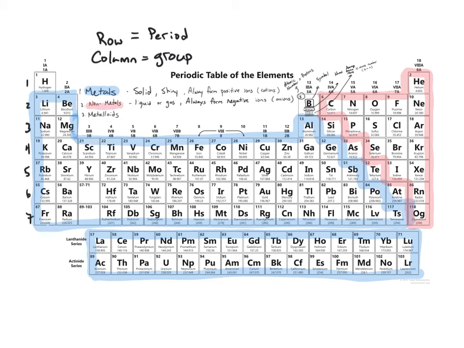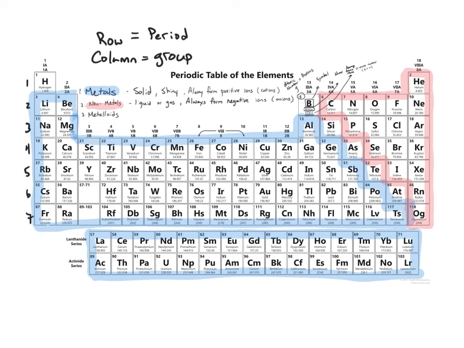Now, if you're looking at my periodic table at this point, there's a couple of elements that are not considered metals or nonmetals, and they lie on this silly diagonal line between the blue elements and the red elements that you can see, and these are called the metalloids. These elements have properties that aren't quite like metals, and they're not quite like nonmetals. They're kind of a hybrid of both of them.